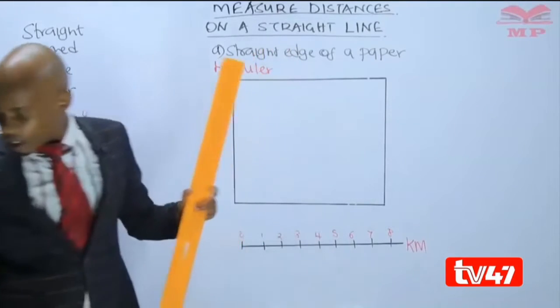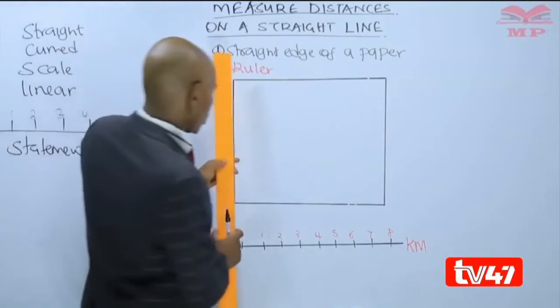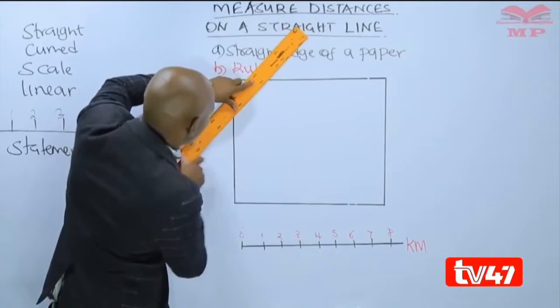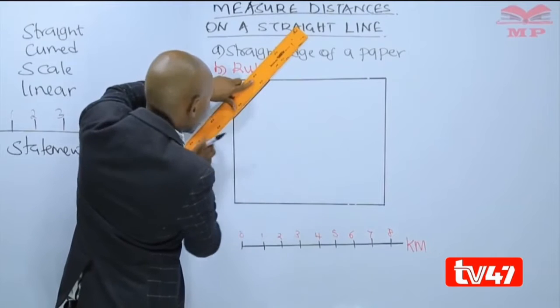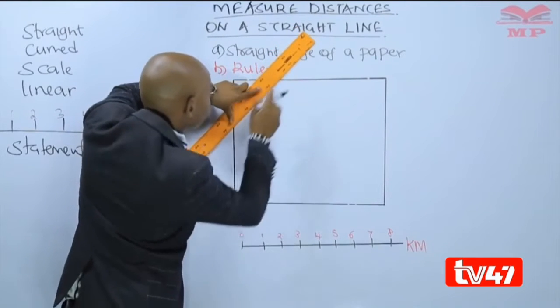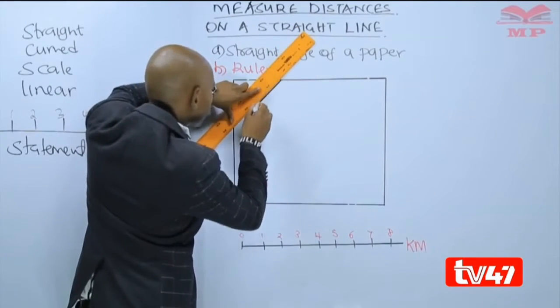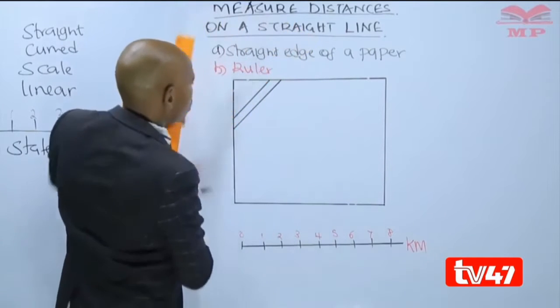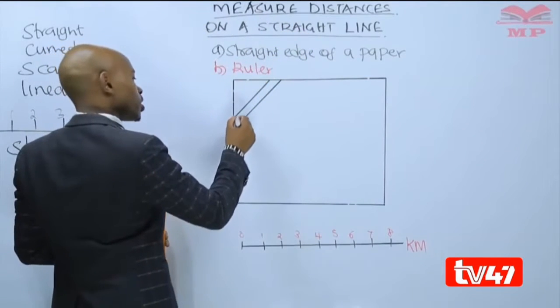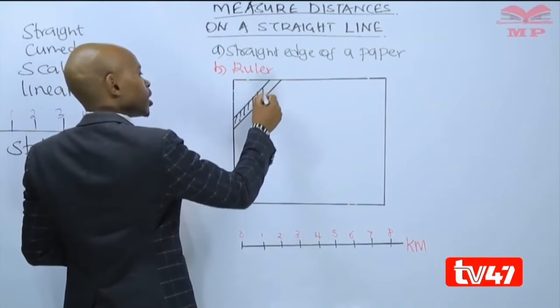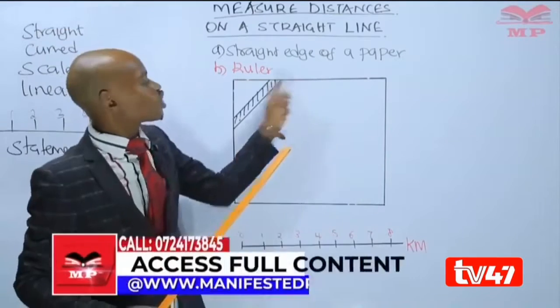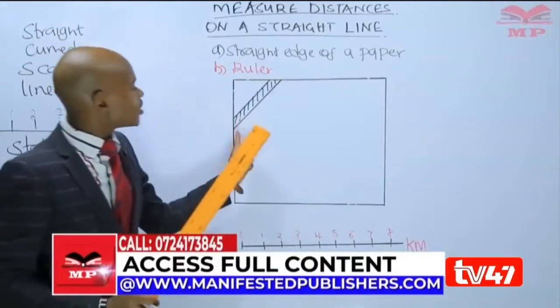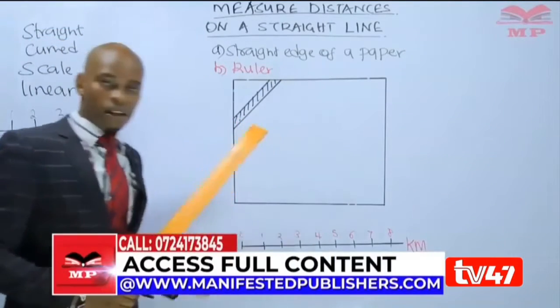Now, I'm assuming this is our tarmac road. It is a straight road.